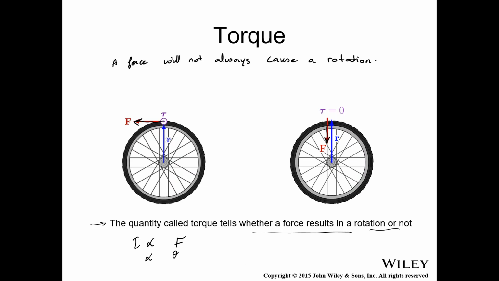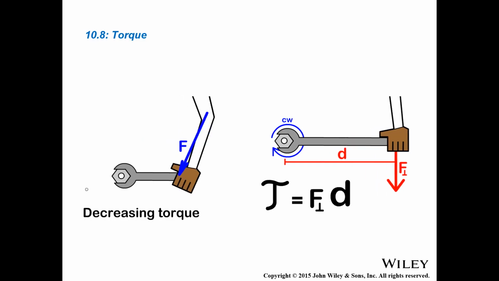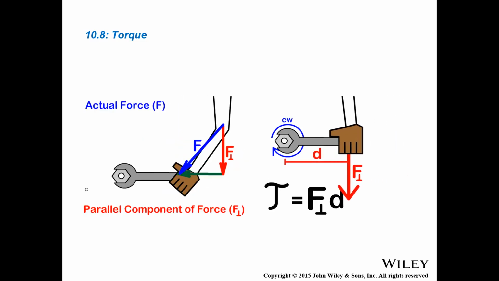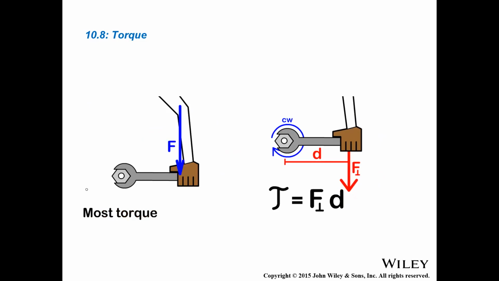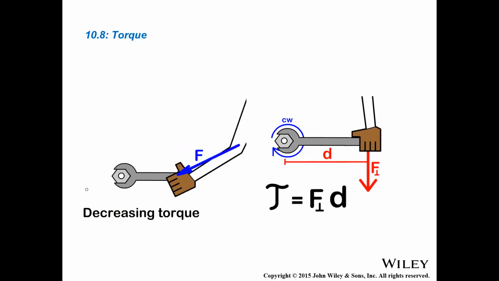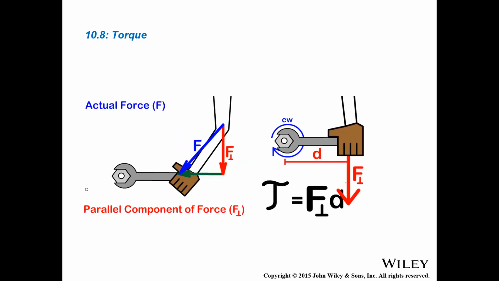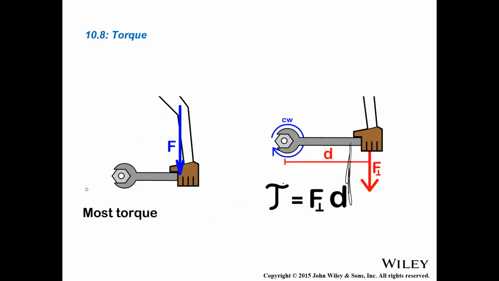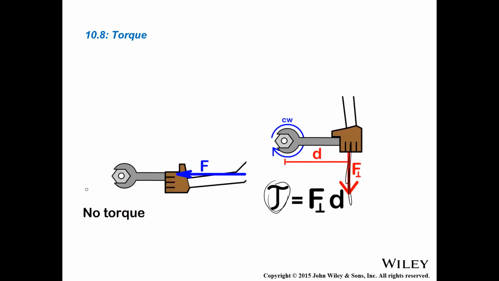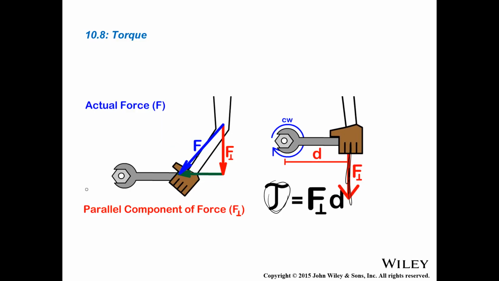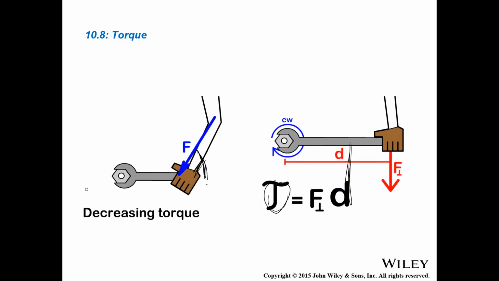I still have one more factor. Let me see if I have an animation to show you. No. So here I'm showing the two factors we talked about so far. One, I make a stronger force, I get a stronger torque. The torque will have this symbol tau. Here, I am changing the direction of my force.